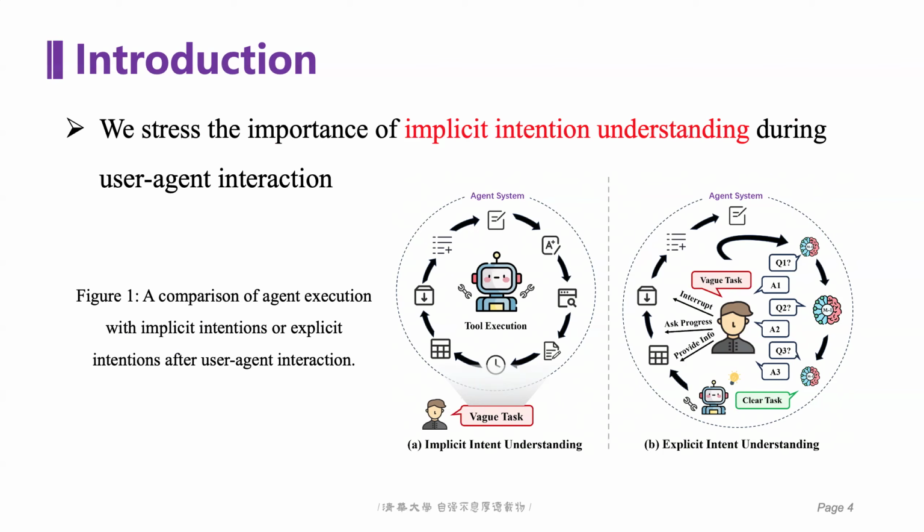If the agent system has the ability to explicitly understand the user's intent, it will first ask the user what their specific intentions or preferences are, and the user may give their own answer. Then the agent system begins to execute the task. During the task execution, the user may still ask about progress, interrupt, and provide information. All of these make for a more robust user-agent interaction system.